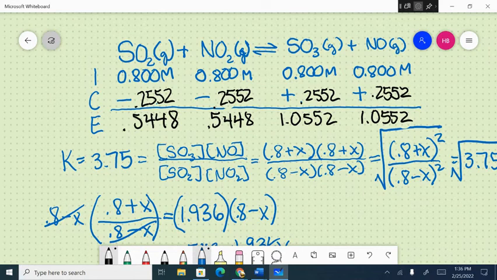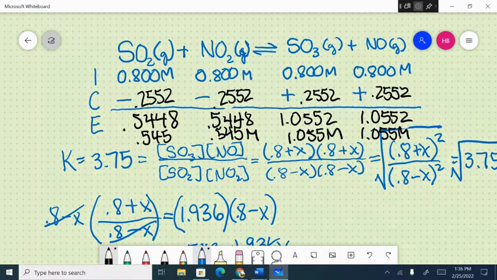I actually have 3 sig figs, so I would round this to 0.545 and this to 1.055 molar. So the concentrations of SO3 and NO are 1.055 molar, and the concentrations of SO2 and NO2 are 0.545 molar.